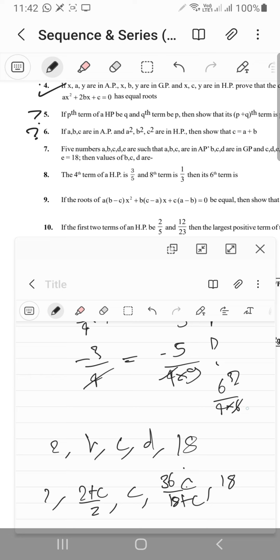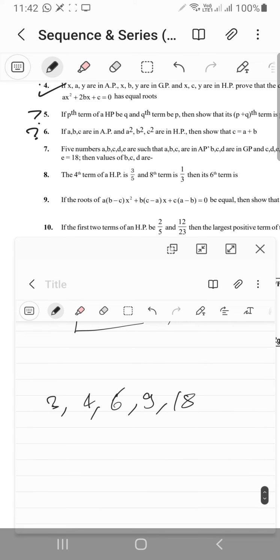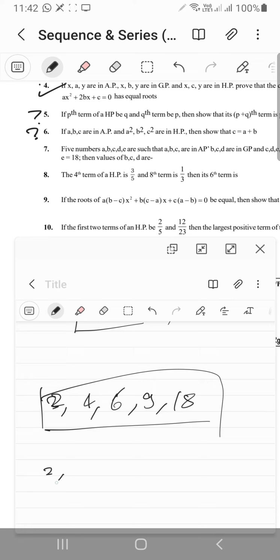This cancels, 36 upon 4 is 9, and this will be 9 and 18, right? That would be one possibility.